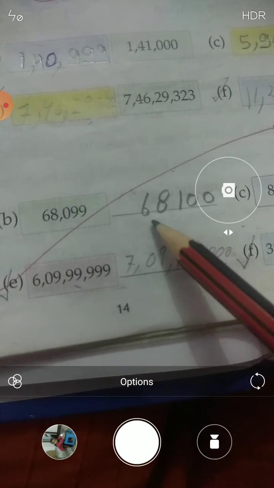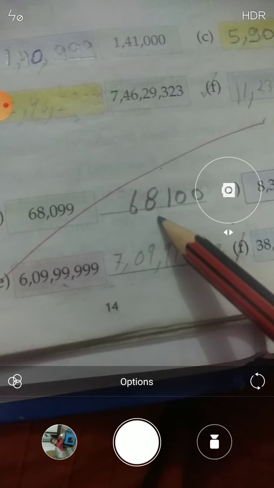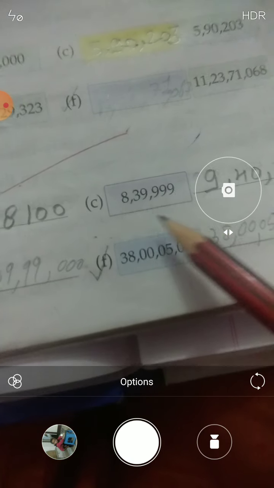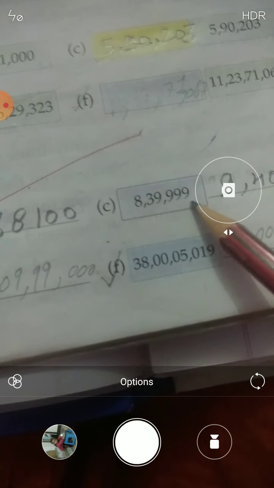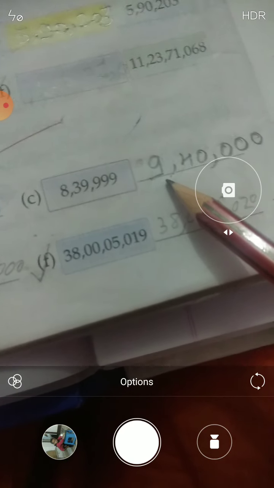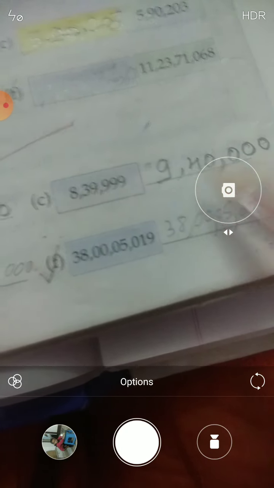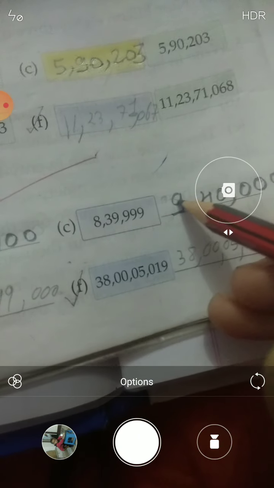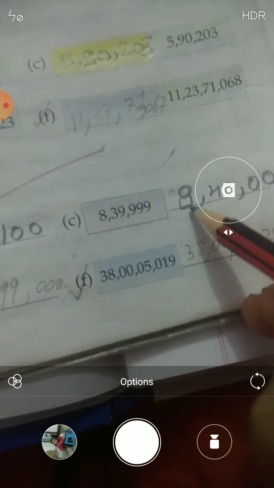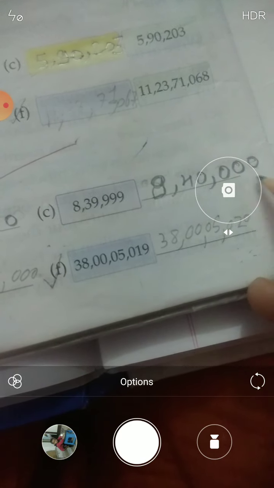If you add 1 here, 68,100. And then next, if you add 1 here, you will get 8,40,000. You have to add 1 for the successor number.